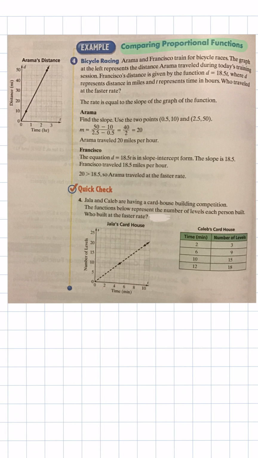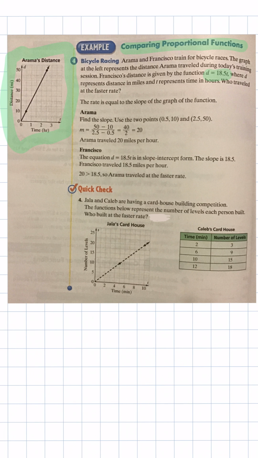The graph at the left, so this graph represents the distance Arama traveled during today's training session. Francisco's distance is given in the formula D equals 18.5 t, where D represents the distance in miles and T represents the time in hours. Who traveled at the faster rate?